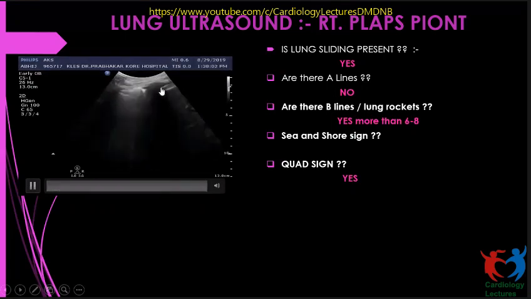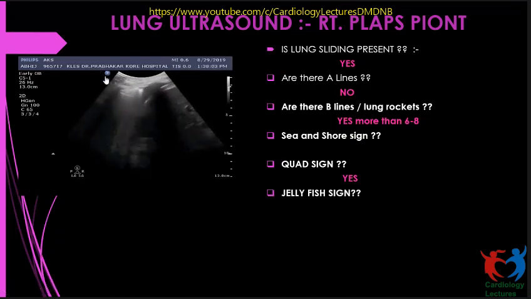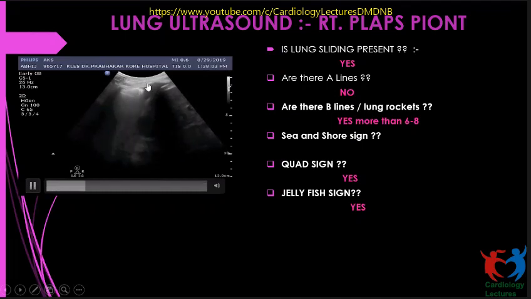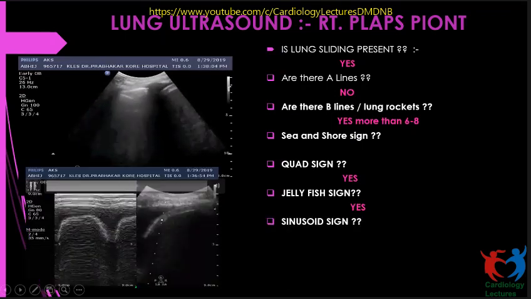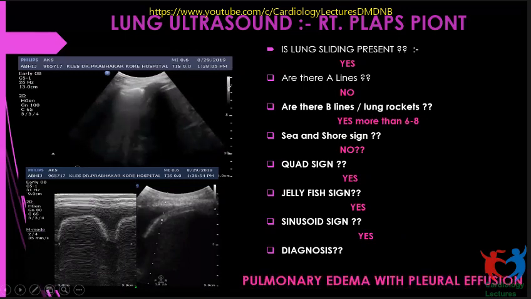So that is a quad sign. Is there a jellyfish sign? Yes, it is there. This looks like a jellyfish moving in the sea because of the movement of the lung. If you do an M mode across it, you will get this sinusoid. So is there a sinusoid sign? Yes, and there is no seashore sign. This concludes the diagnosis of pulmonary edema with some added pleural effusion.